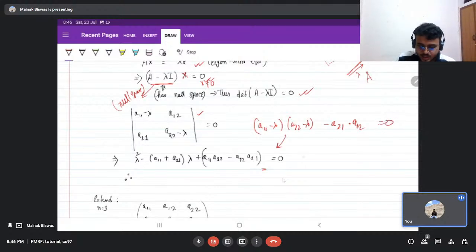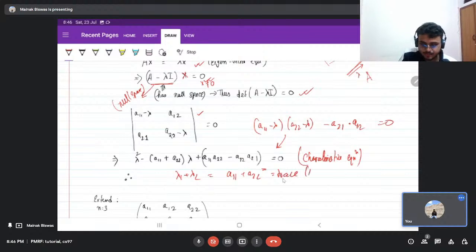This is known as the characteristic equation of a matrix. You can clearly see the roots: lambda 1 plus lambda 2, from the basics of quadratic equations, is a11 plus a22, which is the trace of A. And the product lambda 1 lambda 2 is a11 a22 minus a12 a21, which is the determinant of A.